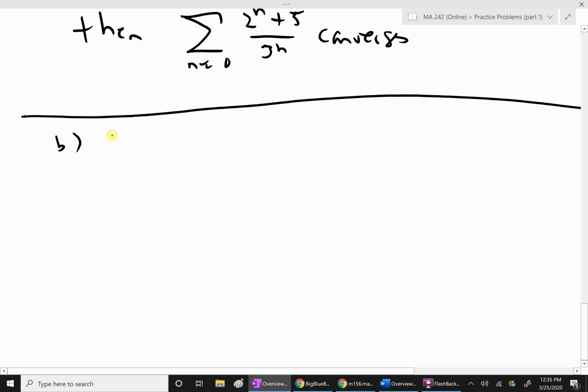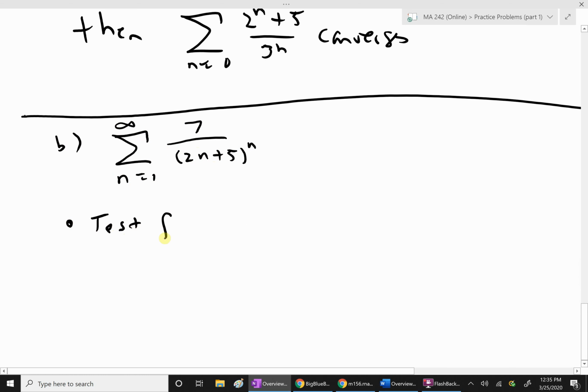So problem B asks us to determine whether or not this infinite series converges. One thing to always do is test for non-convergence, right? So in this case, the limit as n goes to infinity of 7 over 2n plus 5 to the nth.